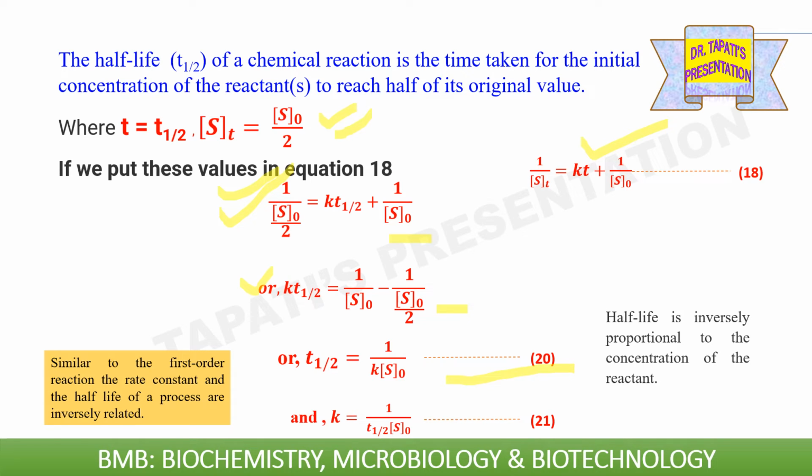That is equation 20, and we can write K as K is equal to 1 by T half S0. So we can say that half-life is inversely proportional to the concentration of the reactant, as T half is equal to 1 by K S0. Similarly, K is also inversely proportional to half-life.